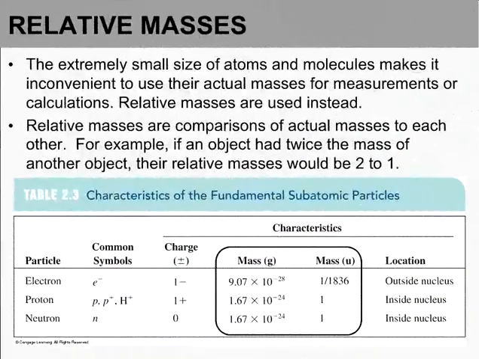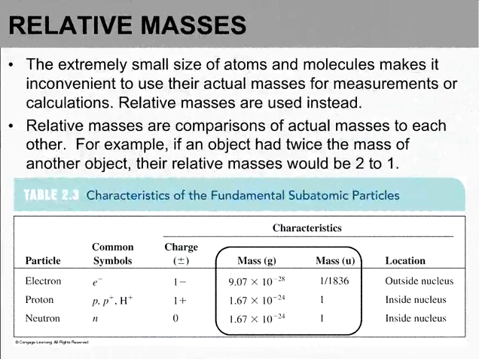Now, I also wanted to talk about relative masses. So last time I did sort of talk about these, but remember that atoms and molecules are really, really small. We said that the diameter of an atom is on the order of 10 to the negative 10th meters.